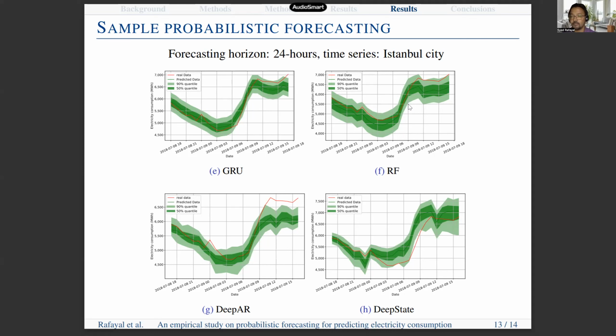We note that in most cases, GRU is able to capture the ground truth within the 50% forecasting interval. However, we find the global forecasting models provide the lowest level of ambiguity in the probabilistic prediction.